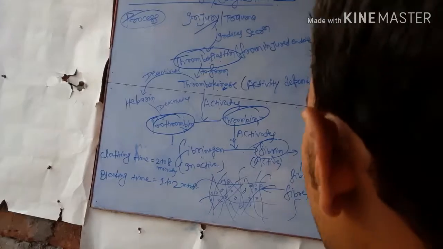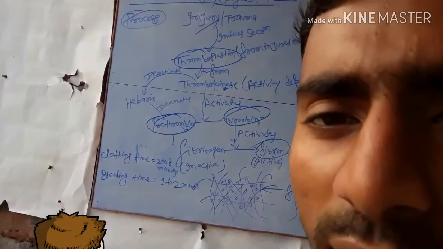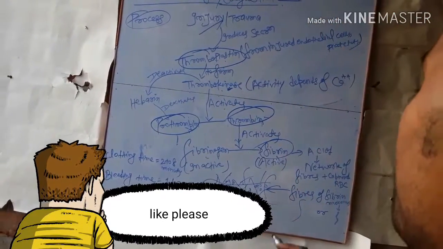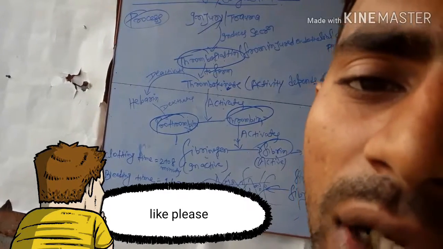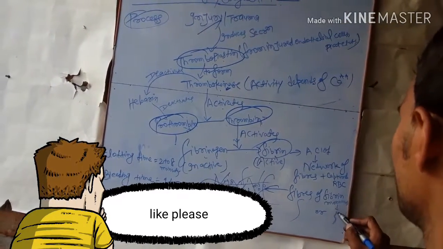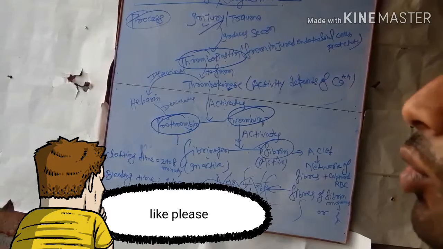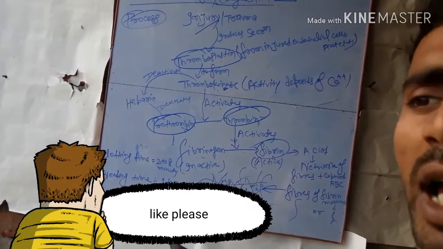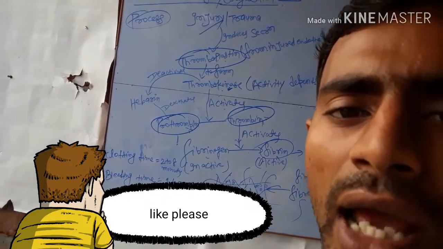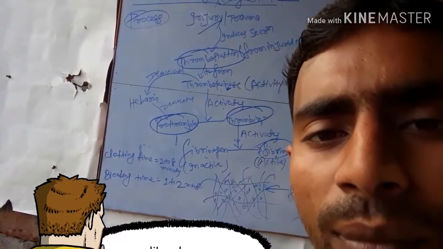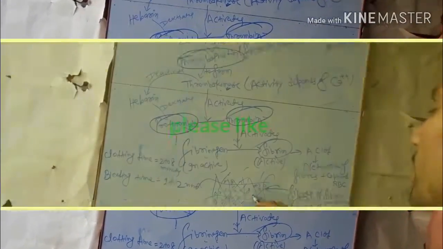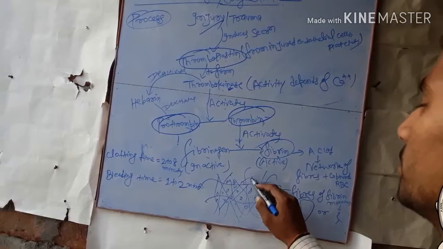This means fibers are a polymer and fibrin is a monomer. Monomers add together and a polymer forms.